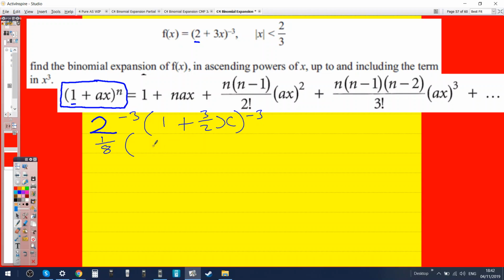Okay. So we start with 1 plus minus 3 times 3 over 2x. Yes.